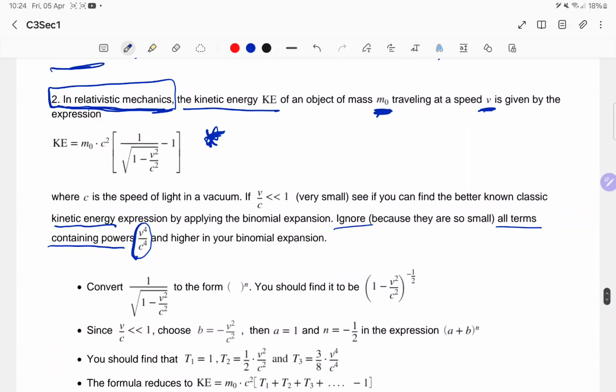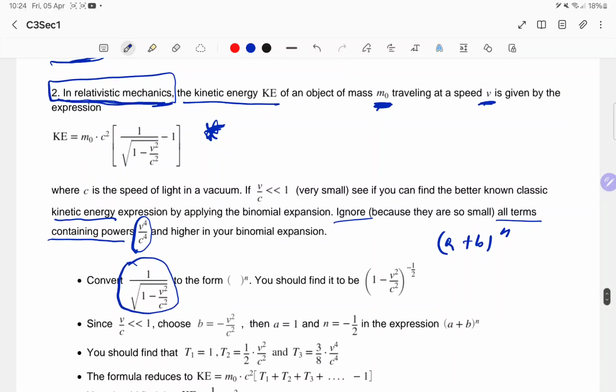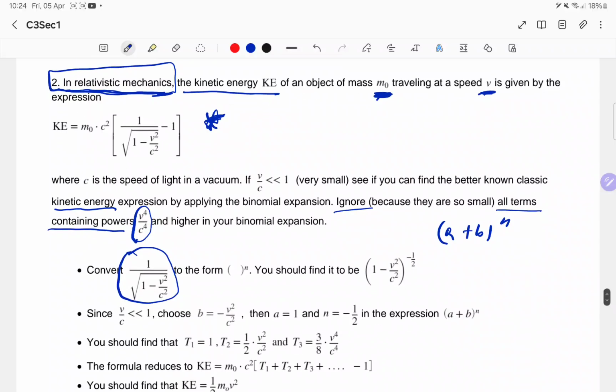The first step is to convert this to our form, which is (a plus b) to the power n, so that we can expand. You should find that it's this. You can obtain this from your radicand.